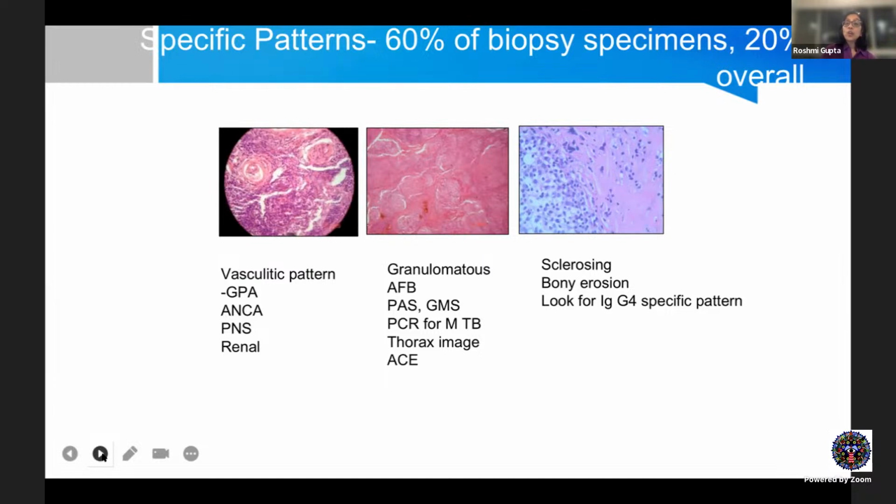If it is a granulomatous inflammation, granulomatous picture, stains for acid-fast bacilli, PAS and GMS are done to rule out fungal infection. As I mentioned, we do a PCR for MTB, imaging of the thorax, and ACE. If there's a sclerosing inflammation, we would also look for specific IgG for specific pattern.